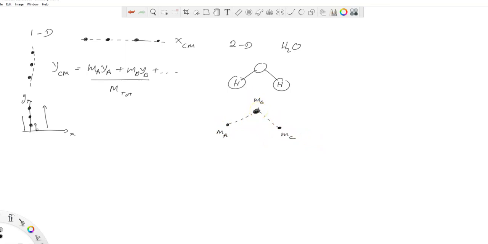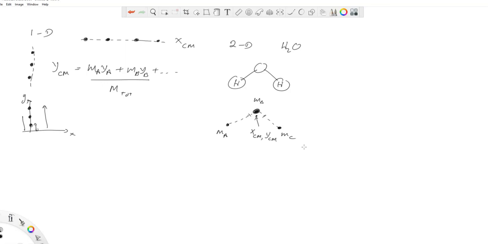Oxygen being much heavier, it will be closer along this line, and the combined center of mass will be right in the middle. So this is your center of mass, the XCM, YCM point, right? In a 2D object, the center of mass has two coordinates, an x distance and a y distance.